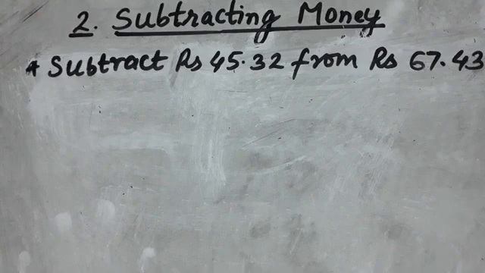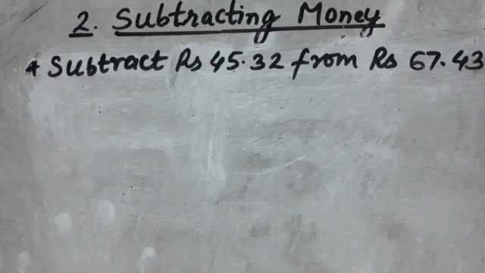It means now we have to arrange these two money in a column, and while arranging these two money in a column, we need to consider which one amount should be kept above and which one should be kept below.